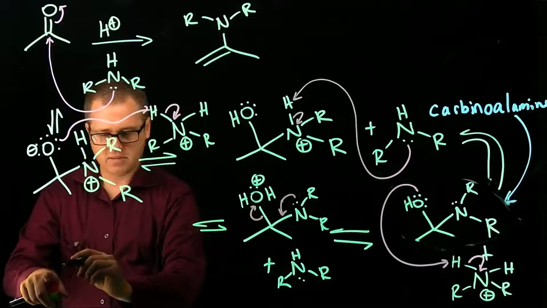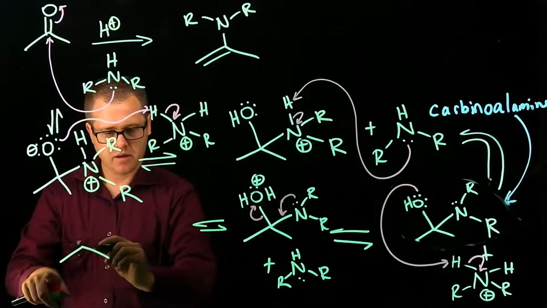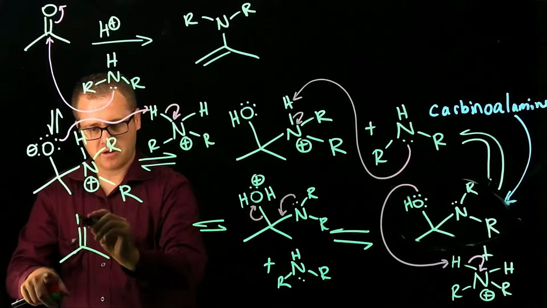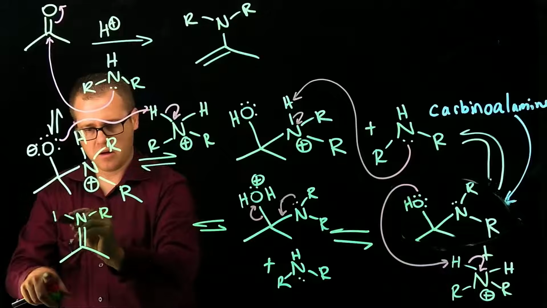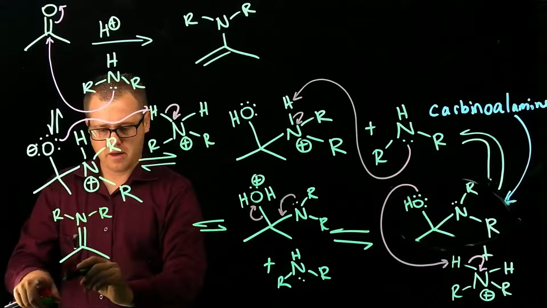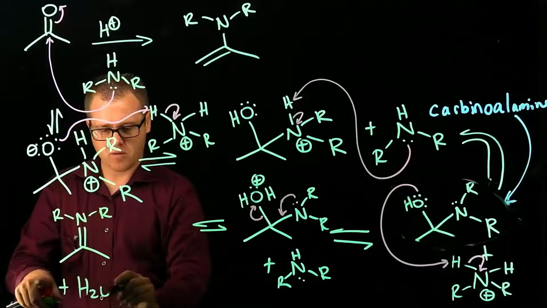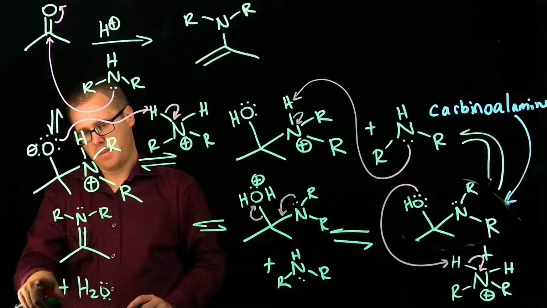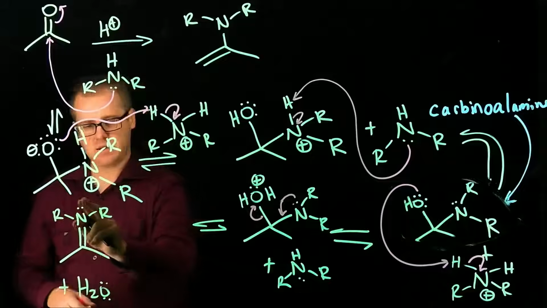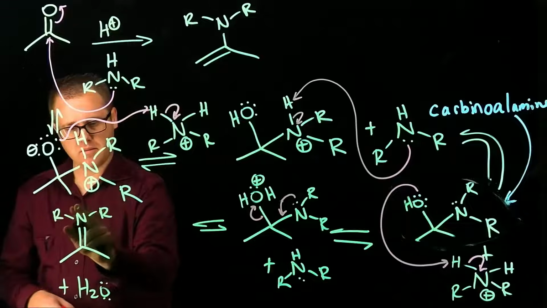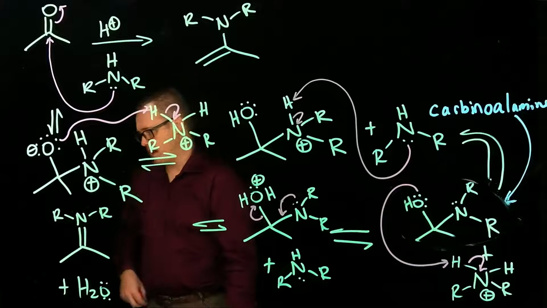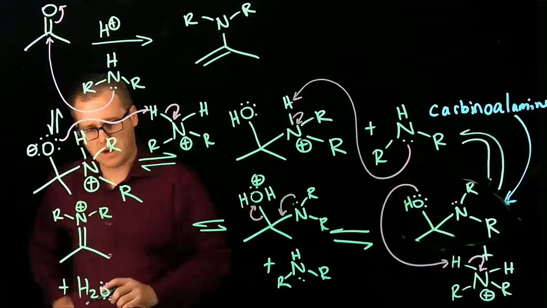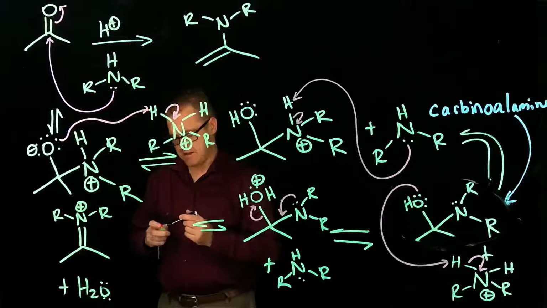We're running out of board space here. So I have a double bonded nitrogen R. And what was released? Water came off. Okay. There's no lone pairs on that guy. That nitrogen has what? 4 bonds. So that has to be positively charged. Now, is that our product?